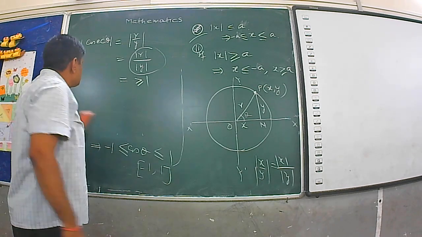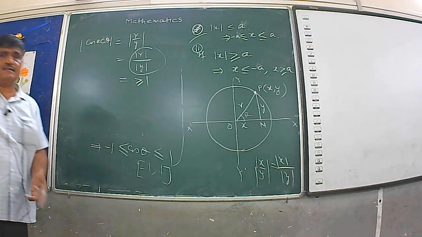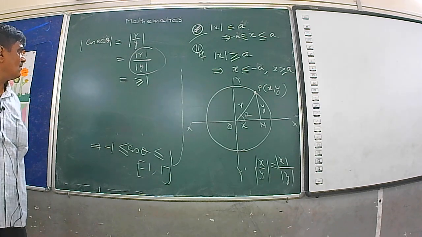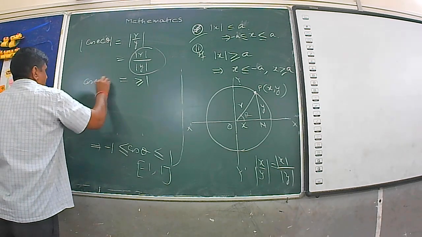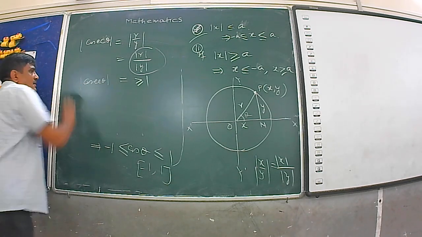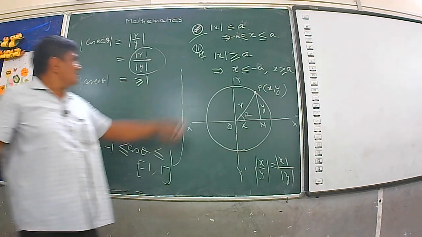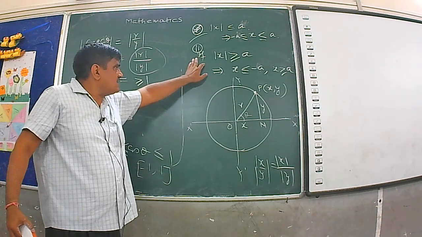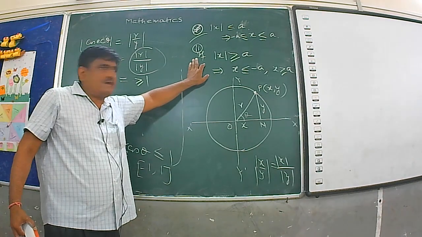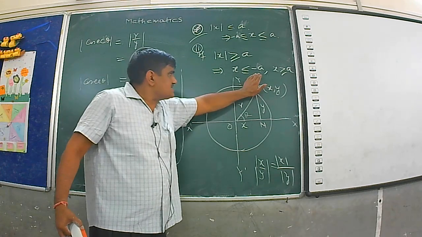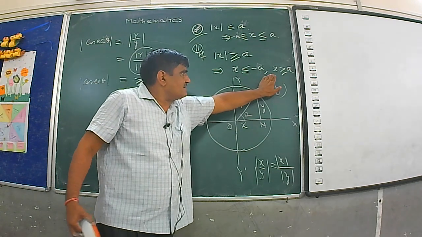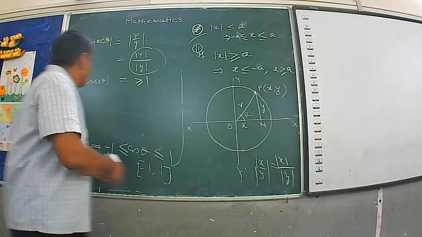Absolute value of cosec theta is greater than or equal to 1. Now, from the second condition, modulus of x is greater than or equal to a, then x is less than minus a, or x is greater than a.